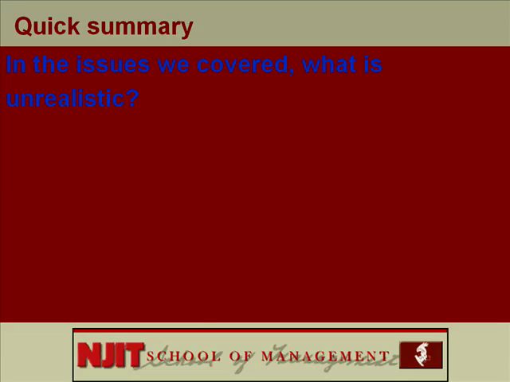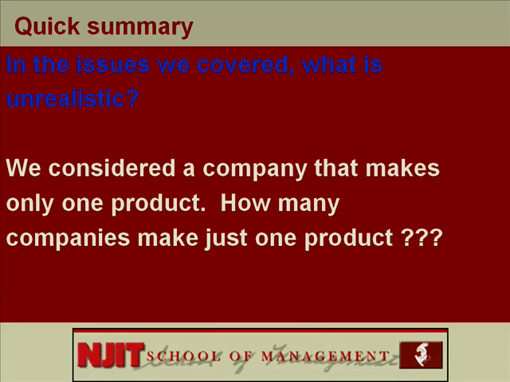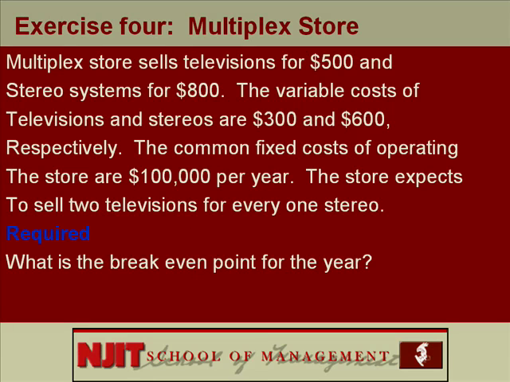So let me repeat the questions one more time. What is unrealistic? We considered a company that makes one product. How many companies make just one product? Hardly any. So I'm going to give you an exercise where a company makes two products.